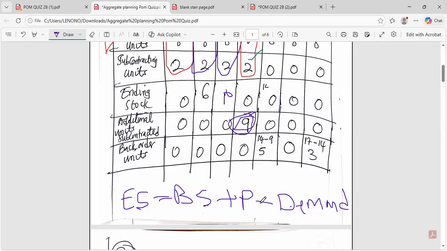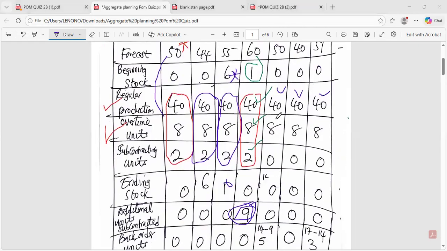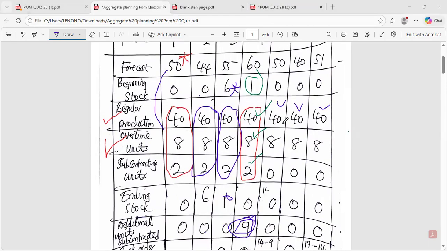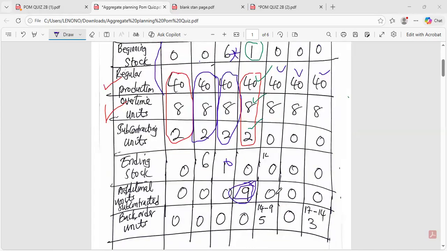Okay. Then getting down to the other one, if you check in this other month here, our demand was 50, and then regular production was these. So you just subtract 14 minus 9, because the total subcontracting units are supposed to be 2 throughout until the far end.